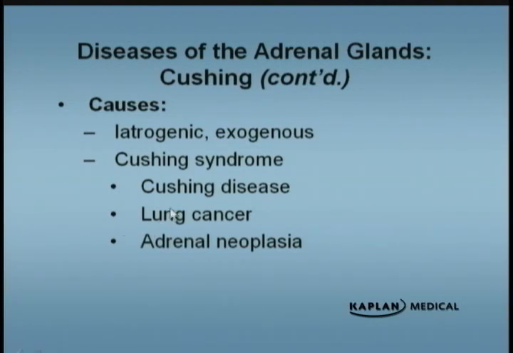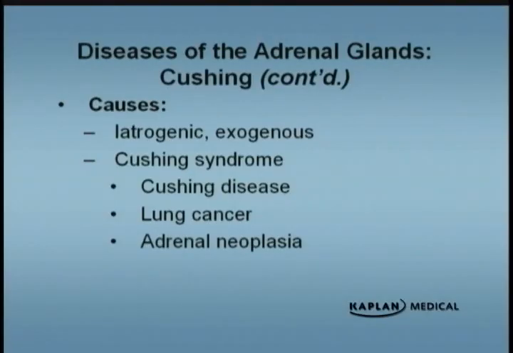The endogenous form of Cushing syndrome, the most common form is Cushing's disease. That's the most common form of endogenous Cushing syndrome, and really when we talk about Cushing syndrome, we're really referring only to the endogenous form, because the exogenous is referred to as Cushingoid syndrome.